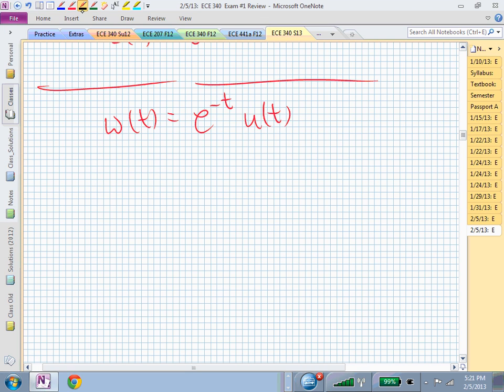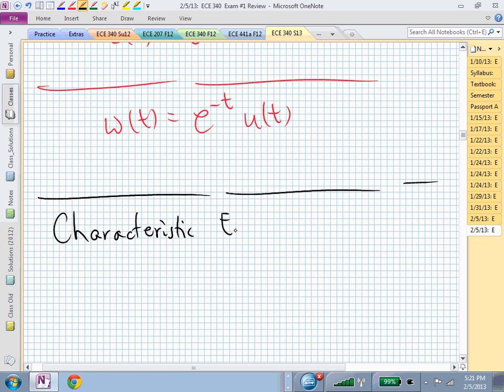So we could, what question do you have? So now if I gave you, let me see if I have an example, suppose that I said, here is a differential equation, and one of the questions might be, what is the characteristic equation? And then you can figure out the structure from that in terms of the impulse response.